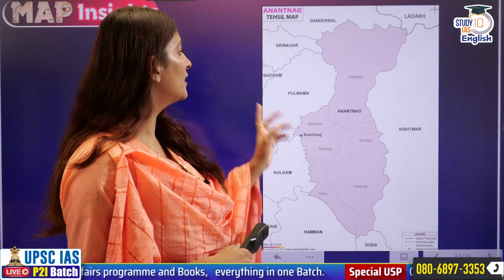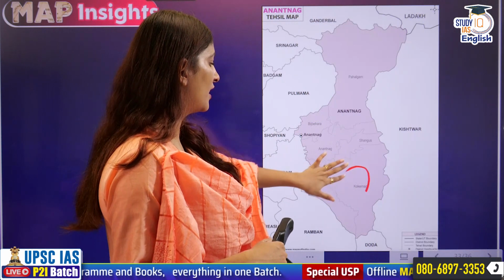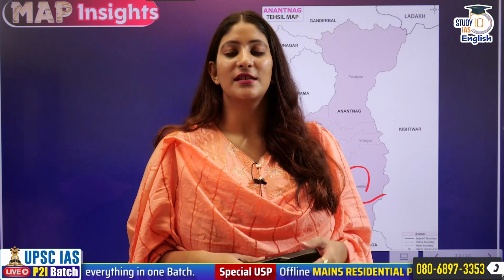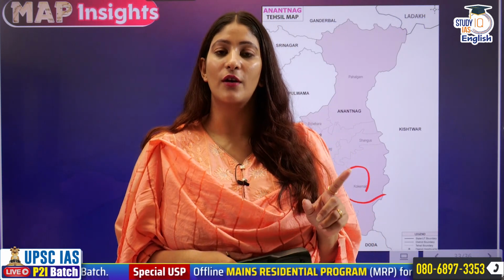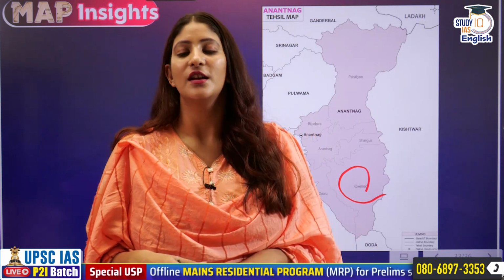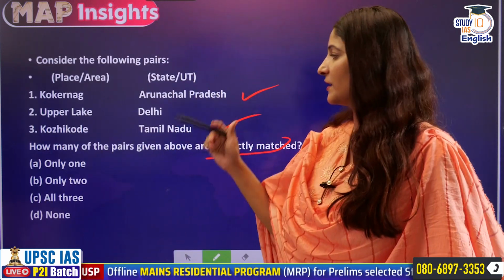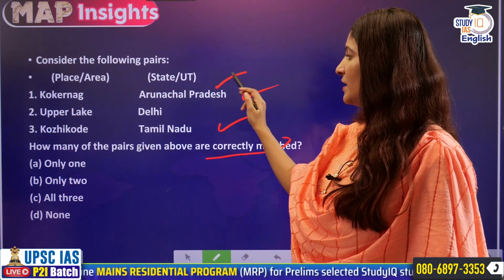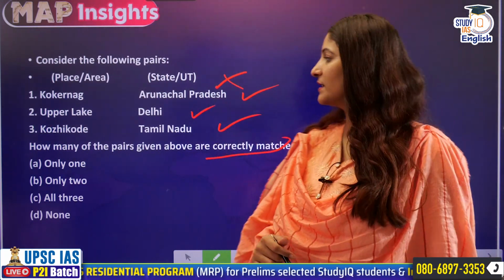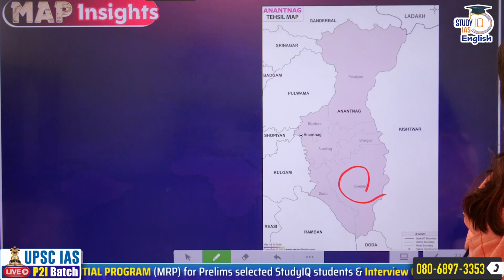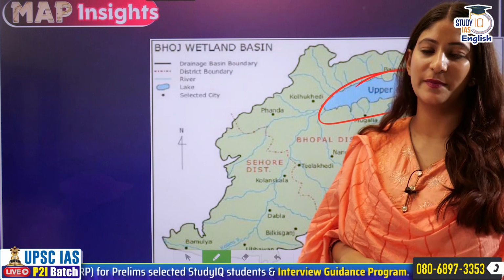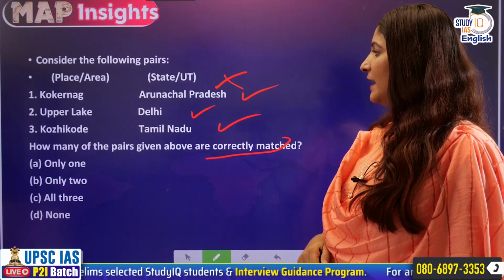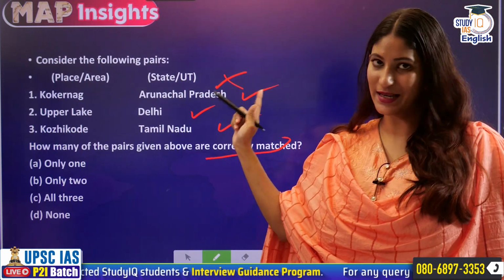Here is Anantnag, here is Kokarnag, in the Gadol forest of Kokarnag. A joint operation has been launched, and that is causing a lot of trouble for militants. So the first pair is incorrect because it should be Jammu and Kashmir. Next, Upper Lake, as you can see in this map, is in Madhya Pradesh, specifically Bhopal, making the second pair incorrect.